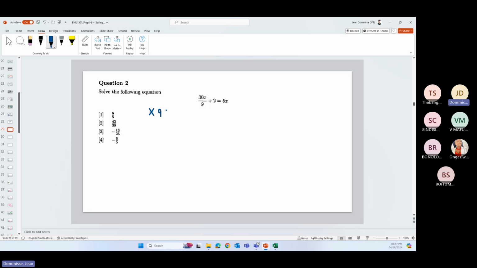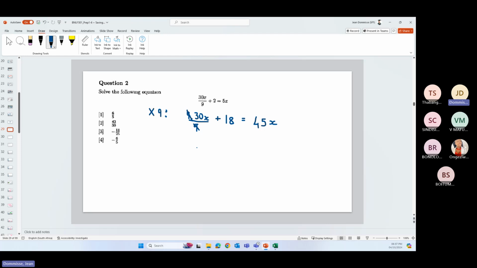So if I multiply by 9 straight through, I would multiply the first term by 9, but because I divide it by 9, that first term will only be 30x. Okay, but then I need to multiply the second term by 9, so 9 times 2 is 18, and I need to multiply the third term by 9, so 9 times 5 is 45, so 45x.